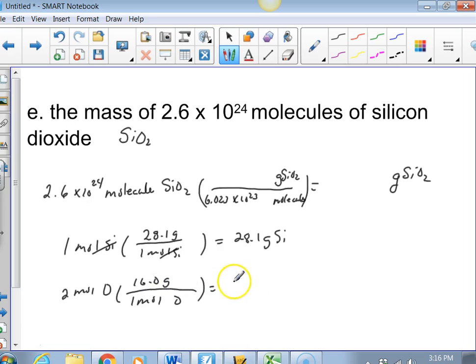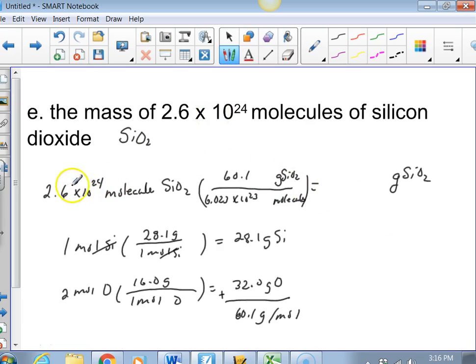That gives 16 times 2 is 32 grams oxygen. Sum those, and we get 60.1 per mole. So that means we have 60.1 grams per 6.022 times 10 to the 23rd molecules.